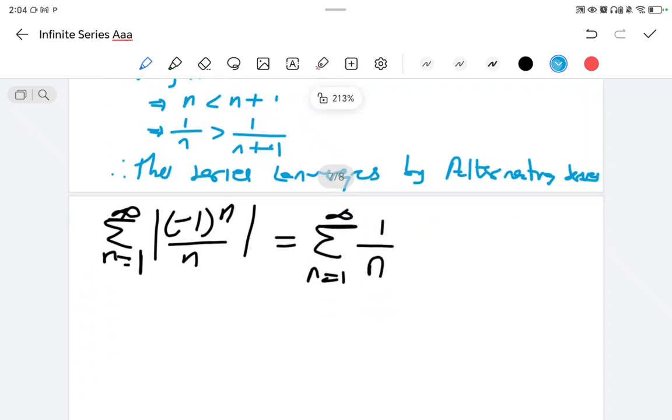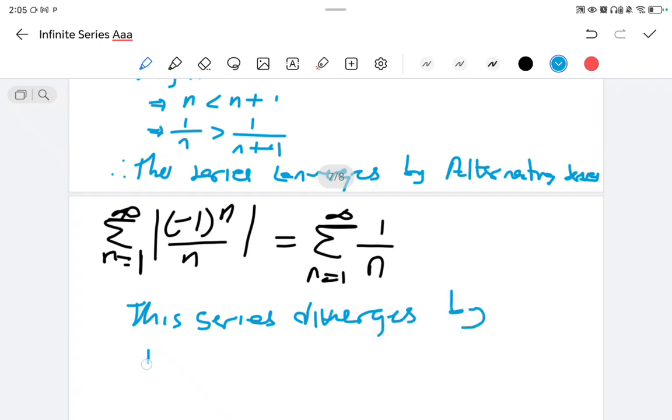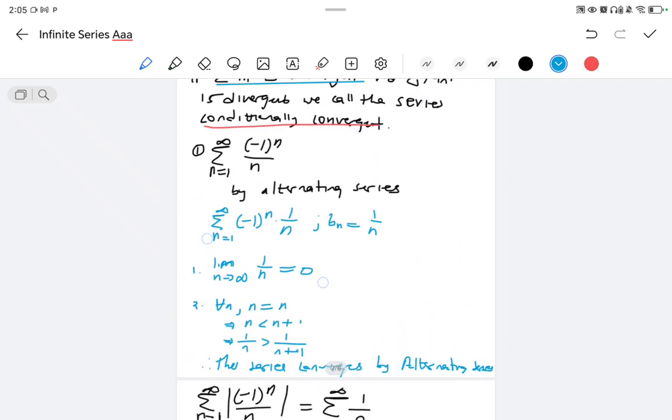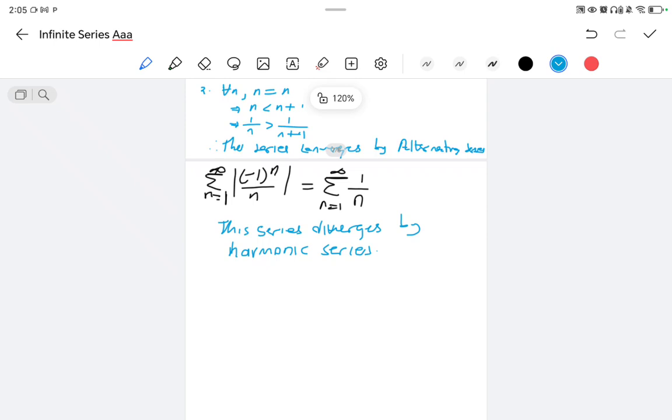And this series diverges by harmonic series, or by the p-series test. You see, right? So the original one converges by alternating series, and the absolute value one diverges.